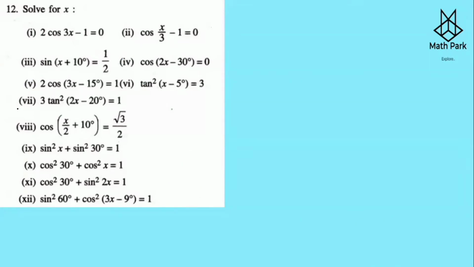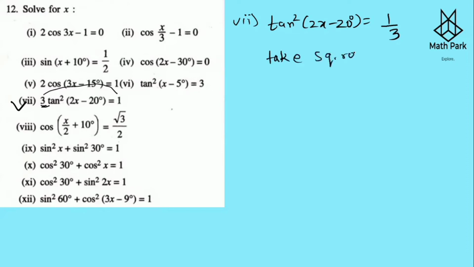Okay. Let's start with the seventh question. So you have 3 tan square of 2x minus 20 is equal to 1. Shifting this 3 here, as the first step, we get tan square of 2x minus 20 degree is equal to 1 upon 3. This 3 we have taken this side. Okay. Now take square root on both sides. Taking square root, we get tan of 2x minus 20 is 1 upon root 3.